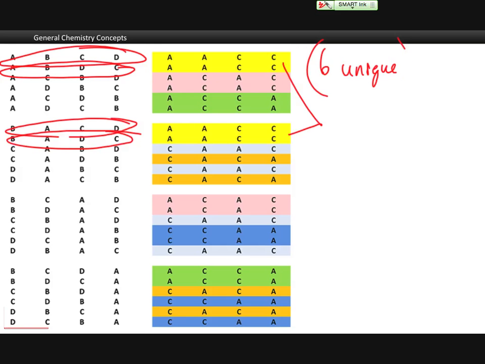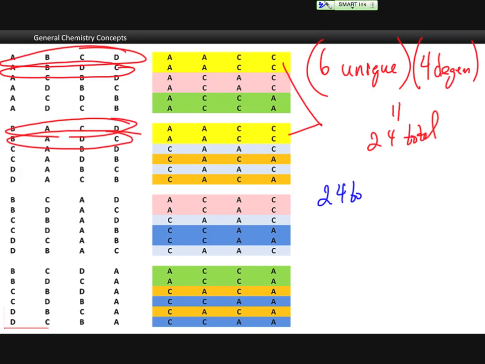So 6 unique arrangements times 4 degeneracies is equal to our 24 total arrangements. So those of you that have taken a little bit of statistics might recognize this. This 24 total is actually the 4 objects A, B, C, and D factorial.